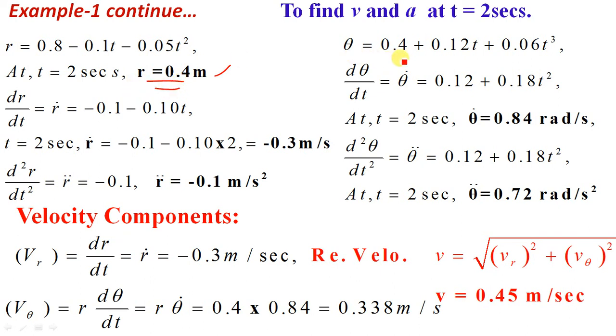Now theta is given, then we have to find theta dot. From that you will get this value. Now we have to find theta dot at 2 seconds. That will give you 0.84 radian per second, theta dot, and the theta double dot.